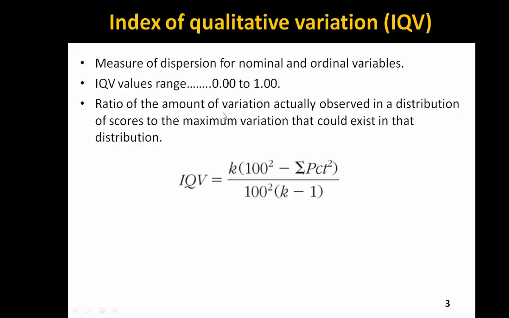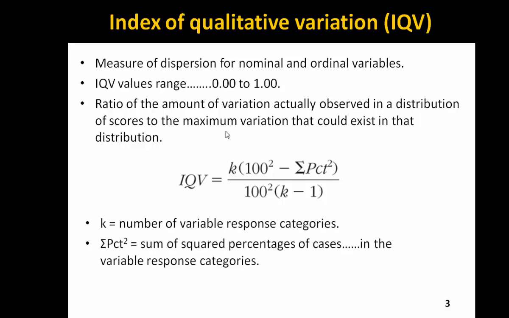And this ratio is just that variation to the maximum possible variation that could exist in those data or in that distribution. And this is the standard equation that has been developed to calculate the IQV.